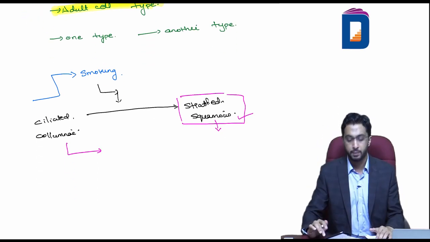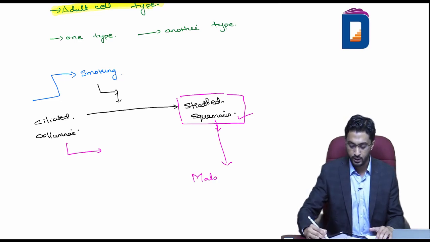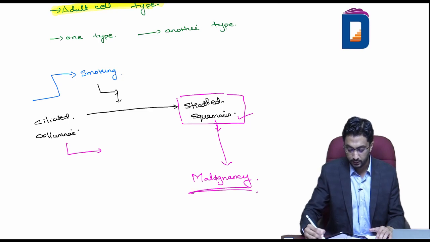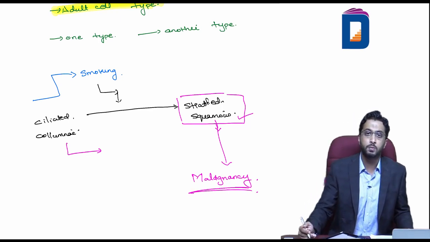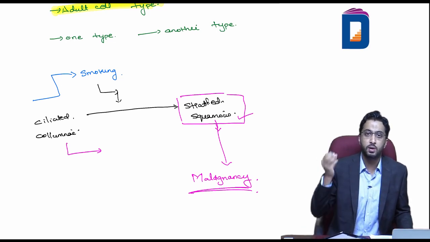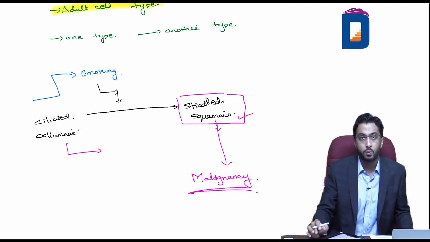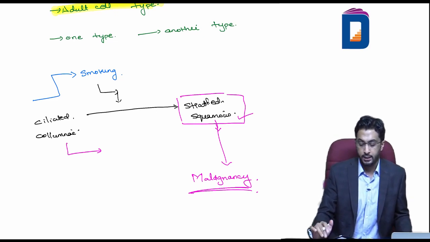So this is not happening, and as a result this epithelium can become malignant. Though there is an adaptive response, there is no protective response. There is no mucus secretion and no cilia to push off the debris, so the injury keeps adding up, and if smoking is not stopped, it can lead to malignancy.